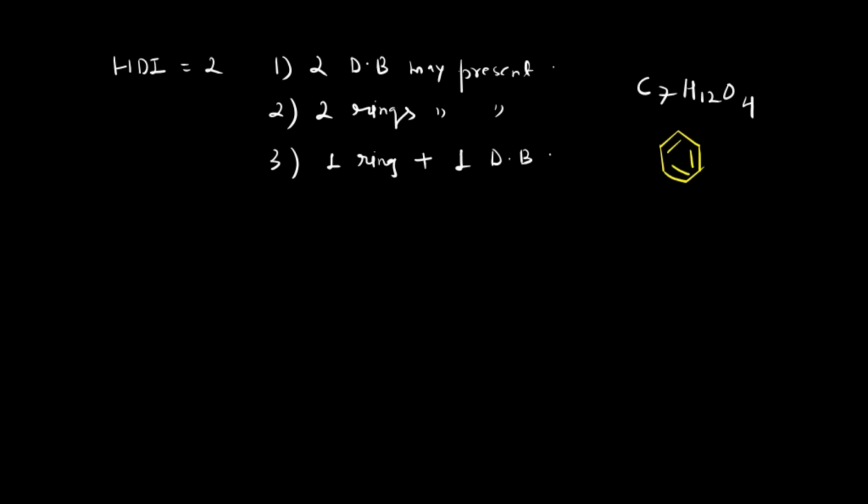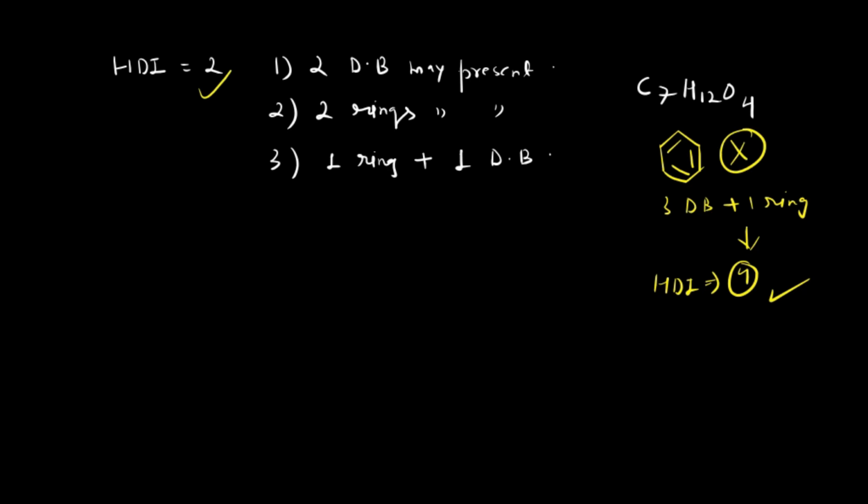In this benzene ring, 3 double bonds are there, plus 1 ring, and if you add them, your HDI would be 4. But in the question itself, the HDI is 2 only. So the probability of benzene we can straightforwardly discard.